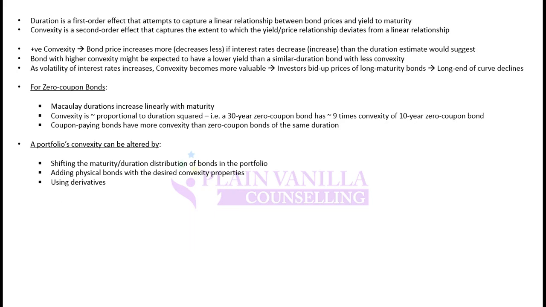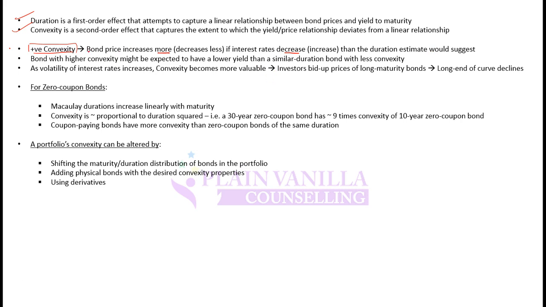Simple duration, you know, is the first order effect. We have discussed it. Convexity is a second order effect. If you have positive convexity, then bond price increases more if interest rate decreases than the duration estimate would suggest.